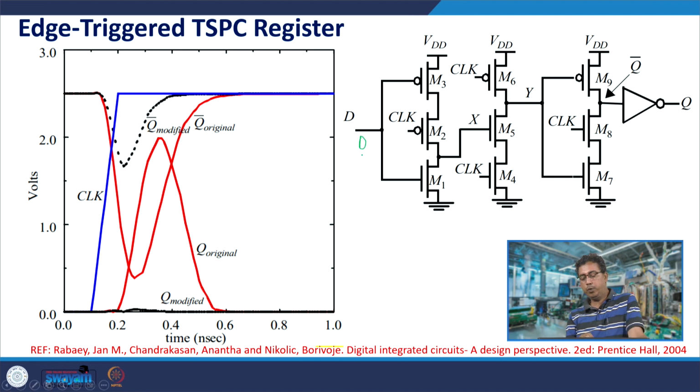Suppose D turns from 1 to 0, x turns from 0 to 1, and y, after the clock edge, turns from 1 to 0 after the clock is equal to 1.